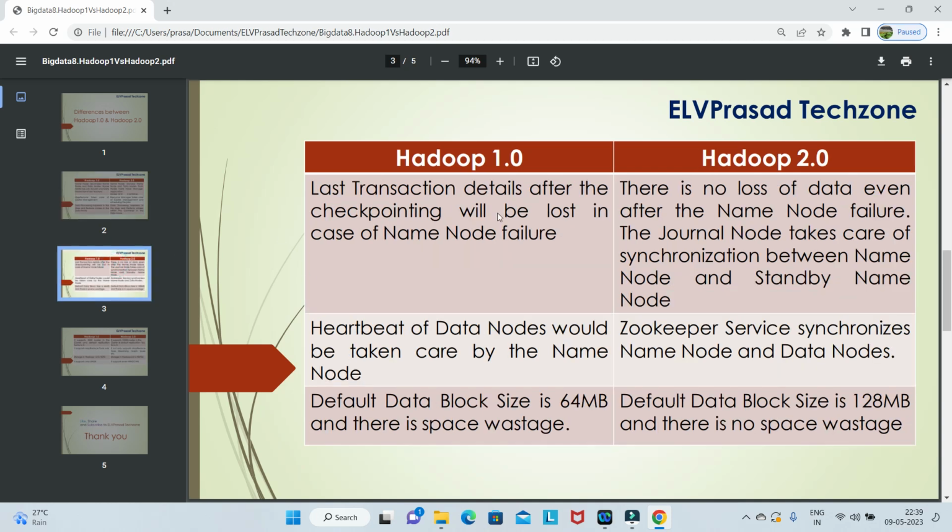In case of 1.0, the last transaction details after the checkpointing would be lost in case of name node failure. But in case of 2.0, that issue was resolved, and synchronization between the name node and standby name node always takes place, by maintaining edit logs in the journal node.